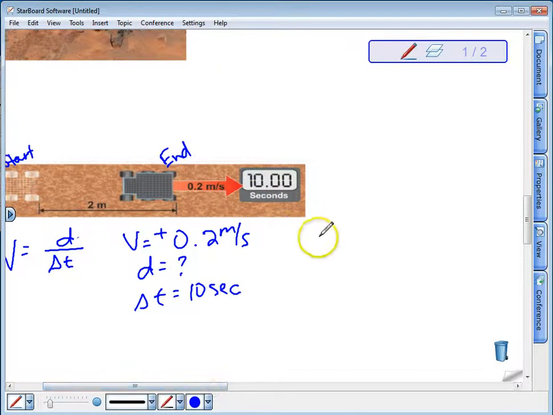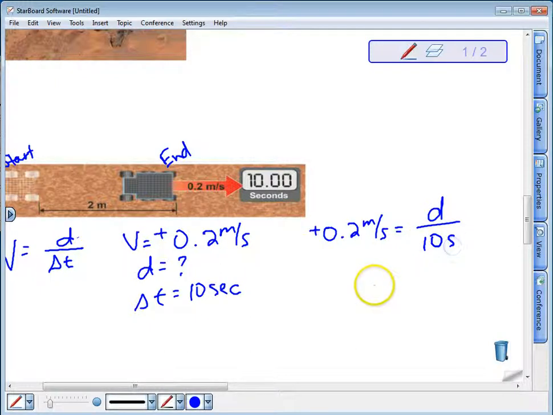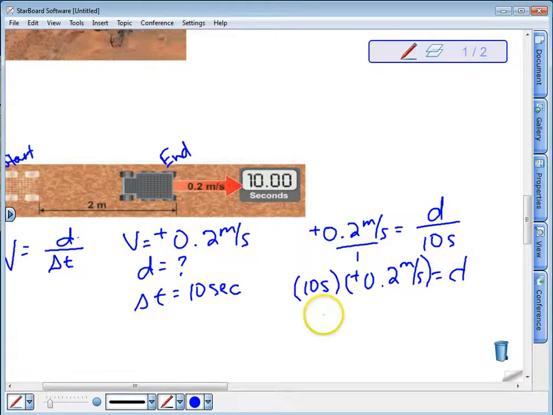So we can plug in a positive 0.2 meters per second, displacement over 10 seconds. We can solve by algebra or by cross multiplying, and we get 10 seconds times positive 0.2 meters per second is displacement.